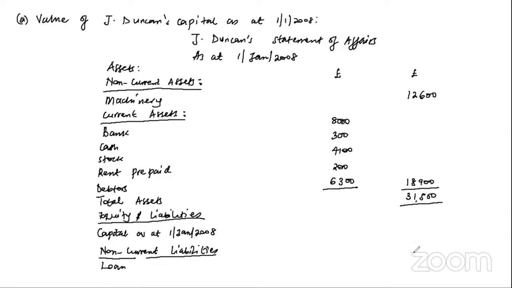And this is how much? Our loan is 5,000. Then you have the current liabilities. Under our current liabilities, the only current liability we have at the start, those are the creditors. So the creditors balance is 5,000.